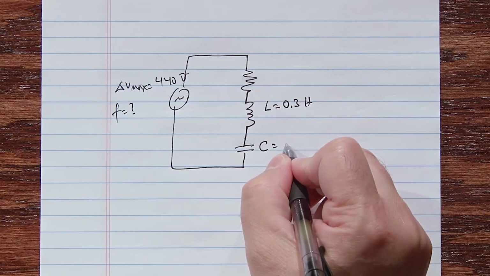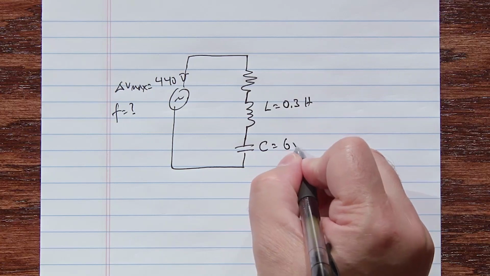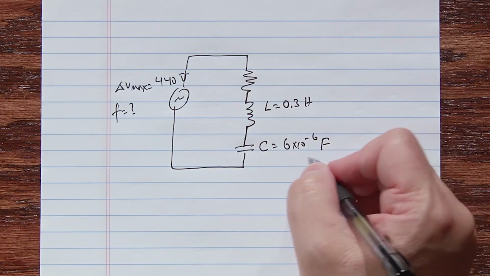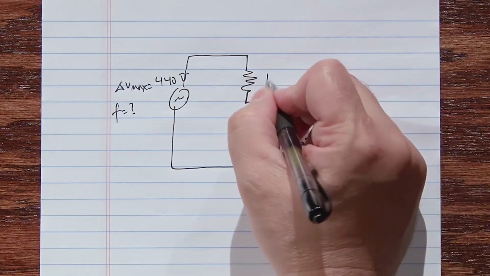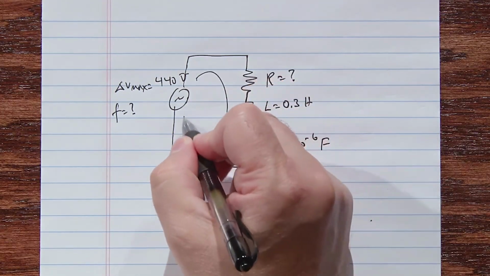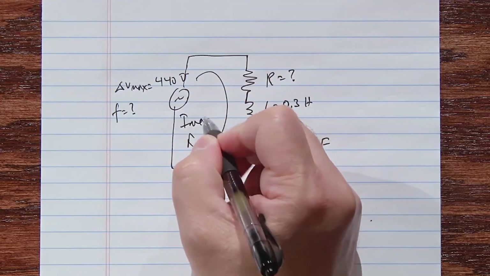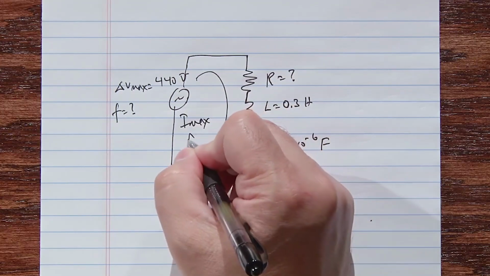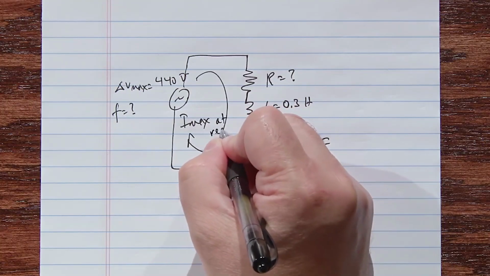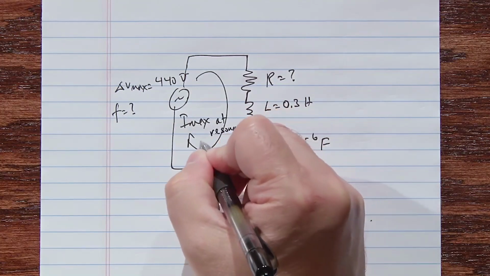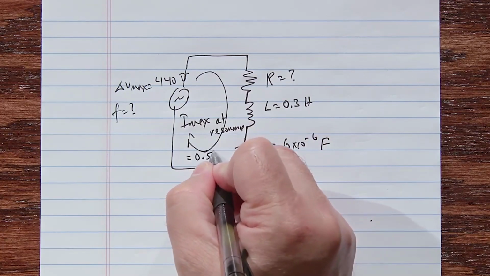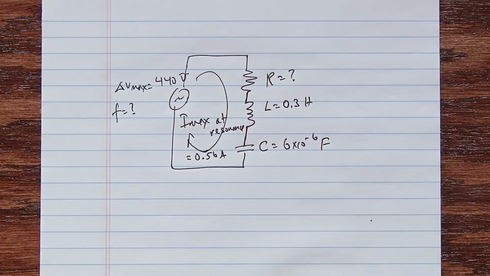The capacitance is equal to 6 times 10 to the minus 6 farads, or 6 microfarads. The resistance is unknown, and I max at the frequency, I max at resonance is equal to 0.56 amperes.